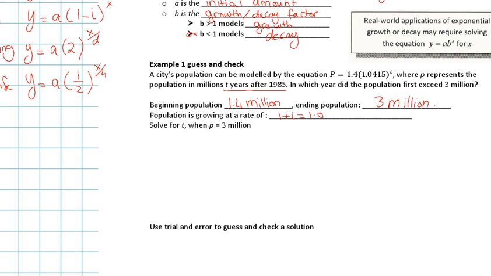So if you want to know what i is, because it's asking you for the rate, you have to take away 1, right?